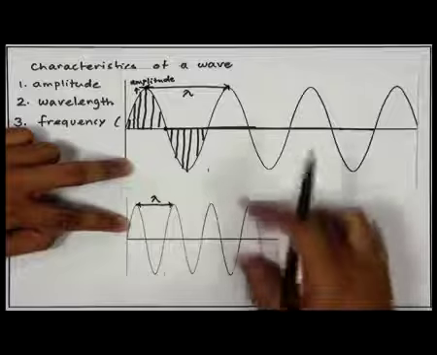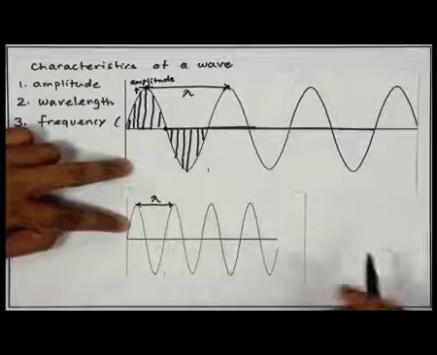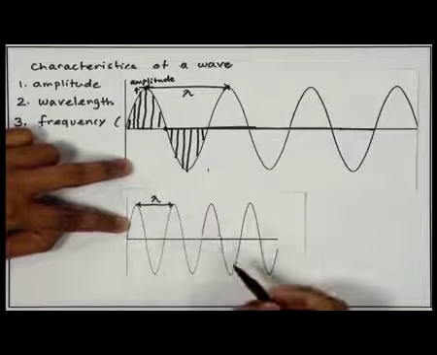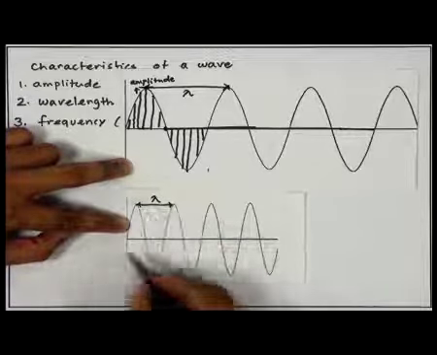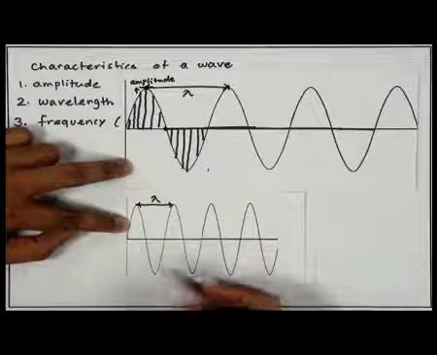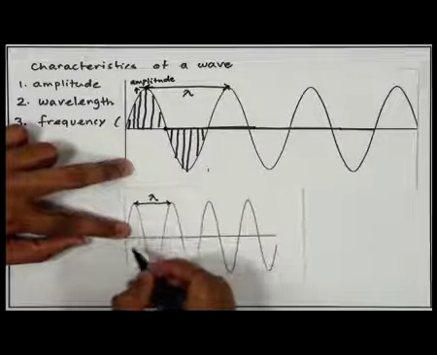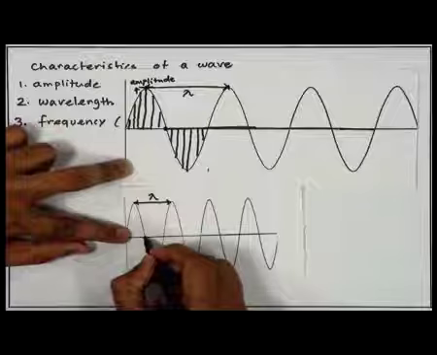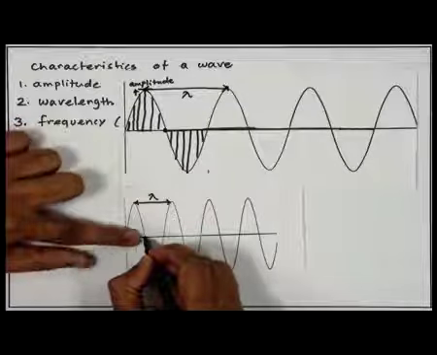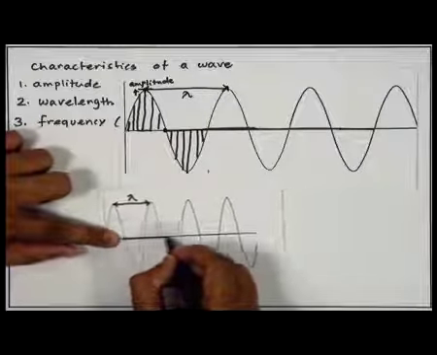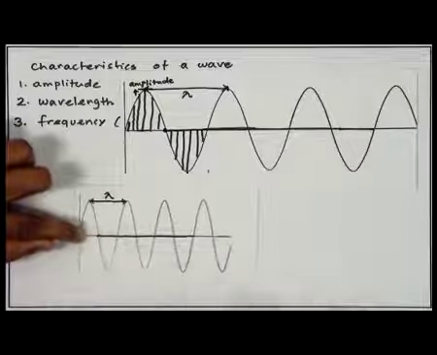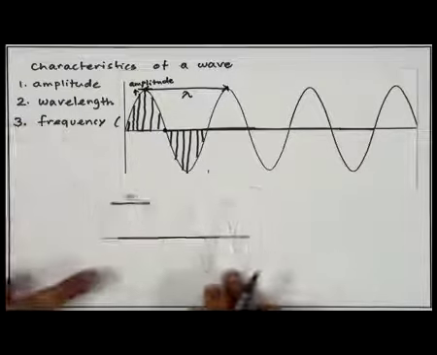I have tried to keep the amplitude of the two waves the same, only changing the wavelength. Here lambda is less. Now, what will happen to the frequency? To get the frequency I have to sit at one point, I can choose any point, I am choosing here, and I have to again move this wave, get it propagating, and see in 1 second how many wavelengths I am crossing.